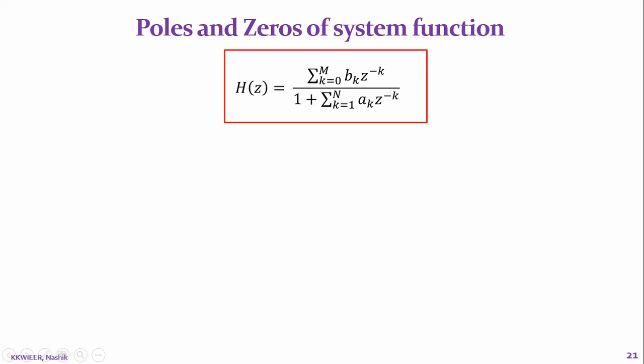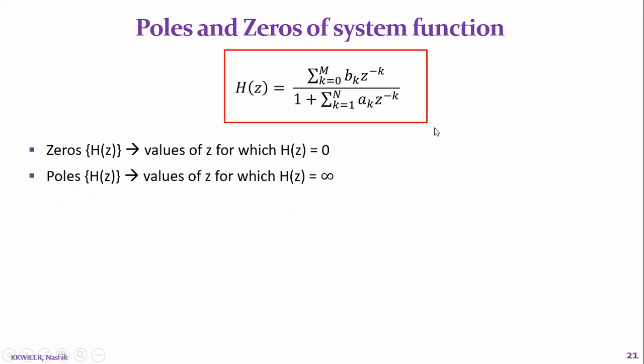Now this is a transfer function for a pole zero system. In the numerator, H of z can be given as the sum of bk z raised to minus k, and in the denominator 1 plus the sum of ak z raised to minus k. Zeros will have values of z for which H of z is equal to 0. And how to calculate poles? The values of z where H of z is infinity.